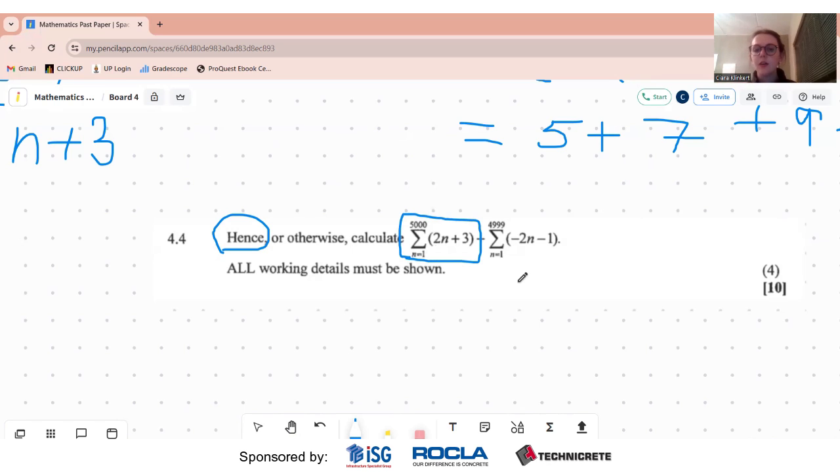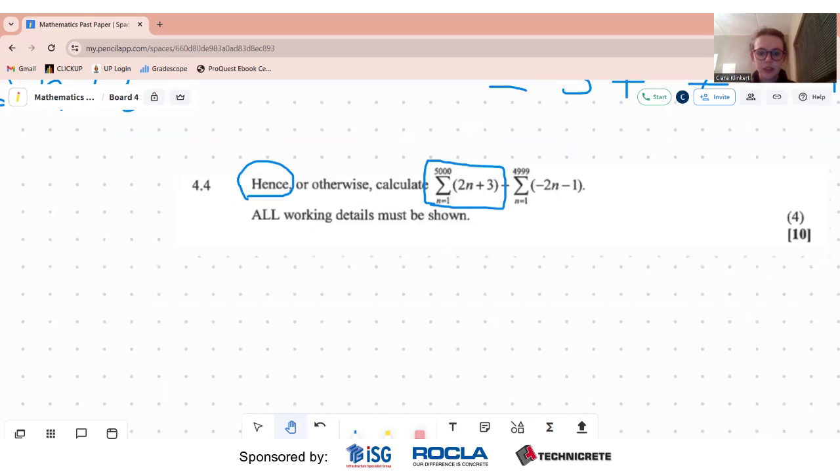Just another hint: whenever they ask you to add two sigma expressions together, what you should do is expand each sigma or sum and show the first three terms and maybe the last one or two terms. And you will see the magic that happens. This question comes up a lot, and I promise this is 99% of the time the way that you need to handle this question.